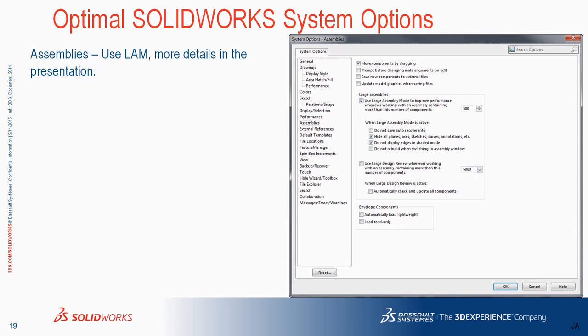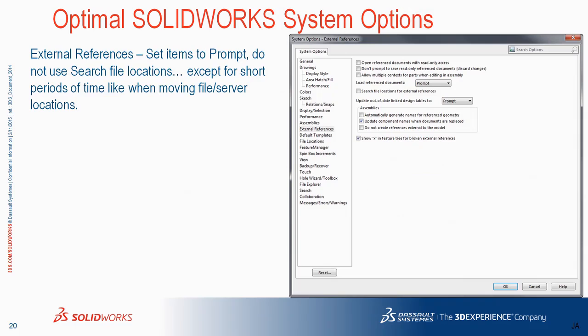Assemblies, use large assembly modes. We've got more details in this presentation, and we'll go into that in a little bit. For external references, once again, I set items to prompt because I want to know what SOLIDWORKS is going to do before it actually goes ahead and does it. This way, it gives me the option to choose exactly what is going to happen with my system.